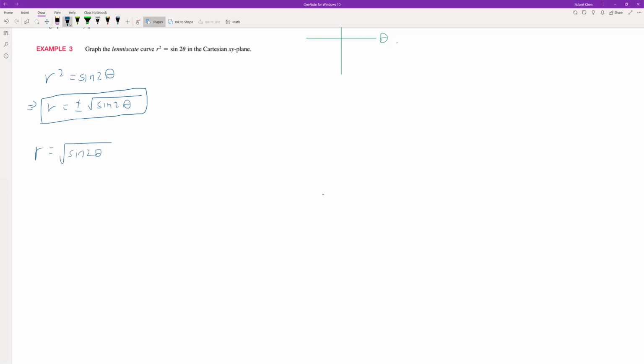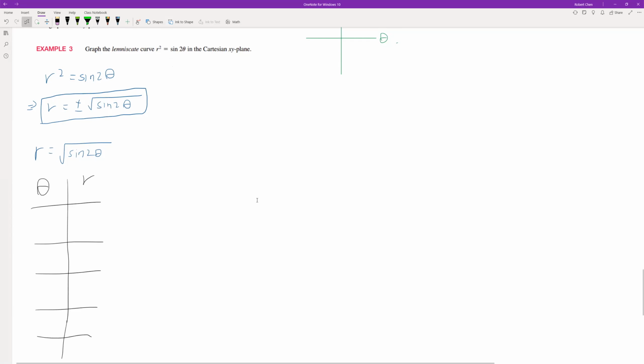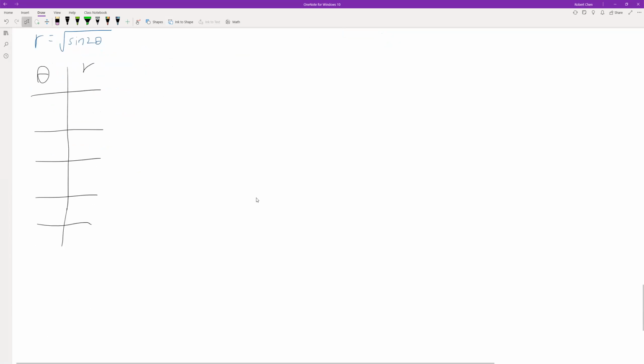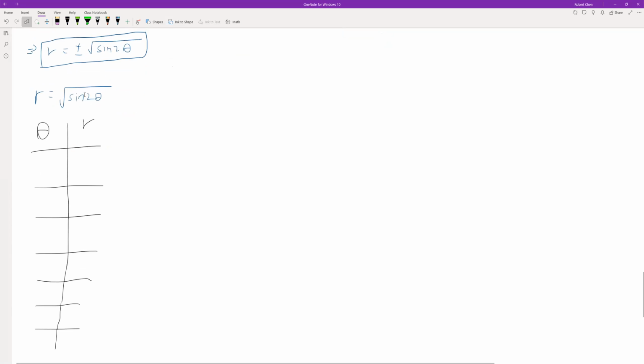And then we are going to build a table. Right? We have our theta and r. So let's just pick some points. All right. From 0 to 2 pi. Right? One period. Oh, actually, since it's sine 2 theta, if we go from 0 to 2 pi, that will be 2 periods, but that's fine.